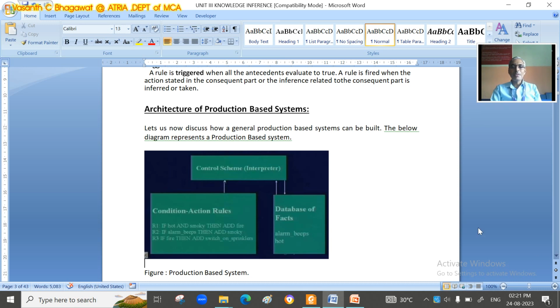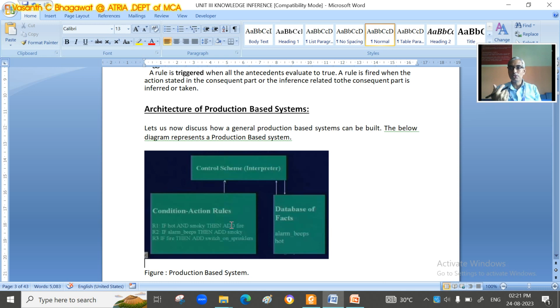There are three important modules here. The first one is the control scheme, or interpreter, which is very important. Then the second is the condition action rules, or rule applier.